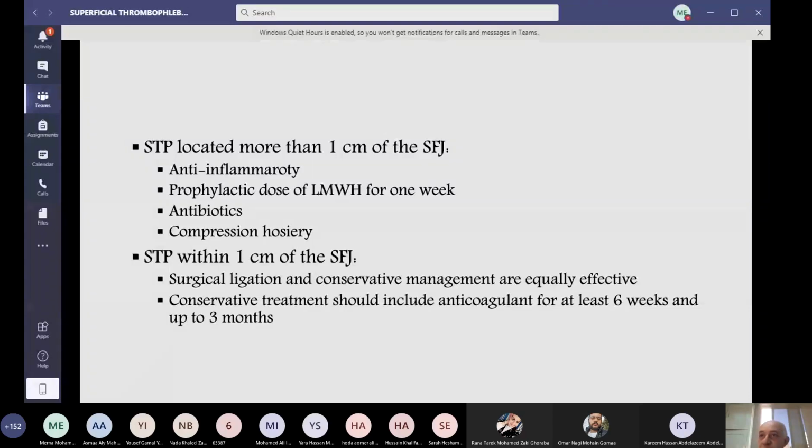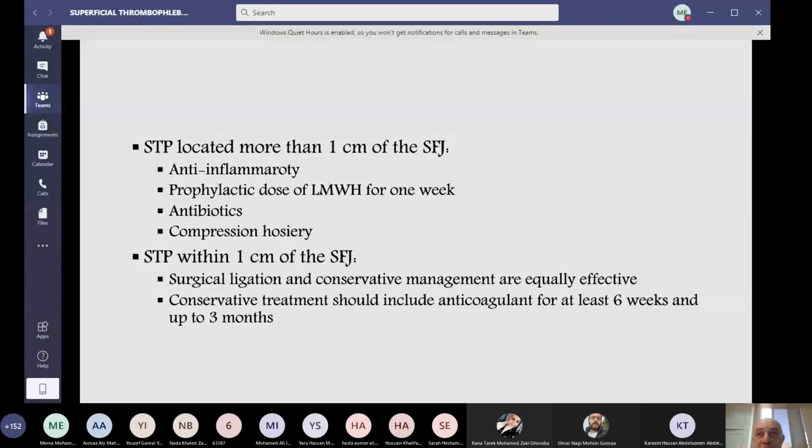If it is within 1 centimeter of the saphenofemoral junction, there is a debate about surgical ligation or medical treatment. Both are equally effective. In the past, this was an indication for saphenous ligation, but medical treatment gives the same results.